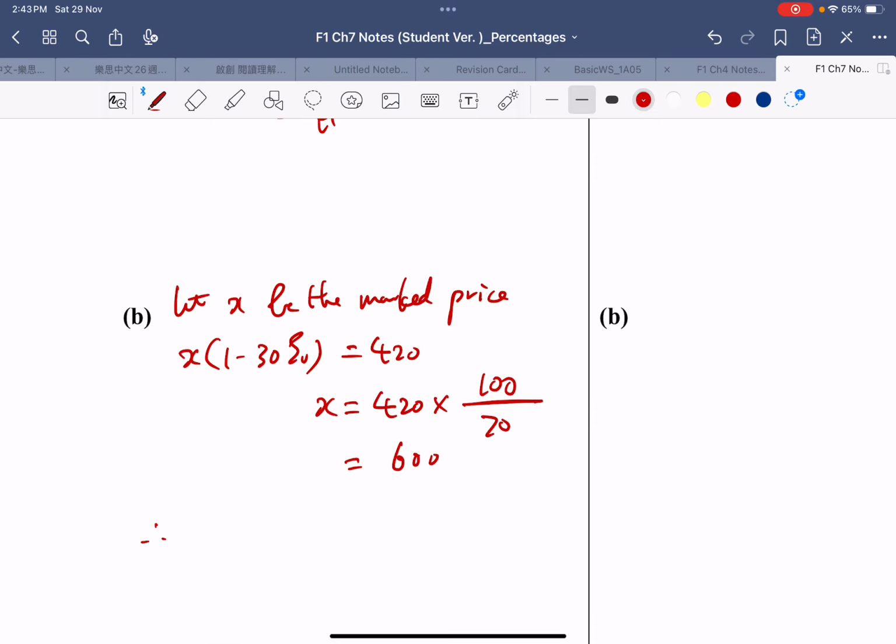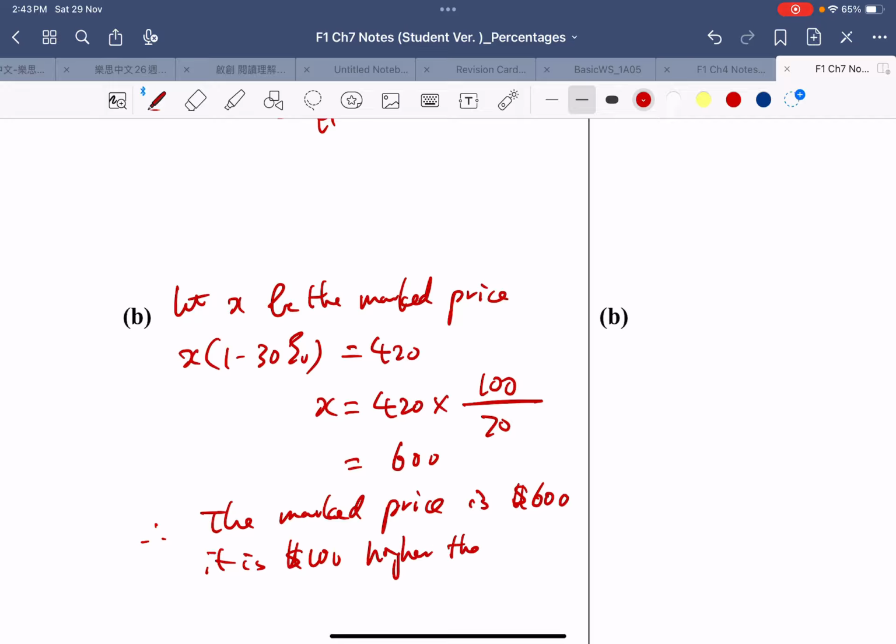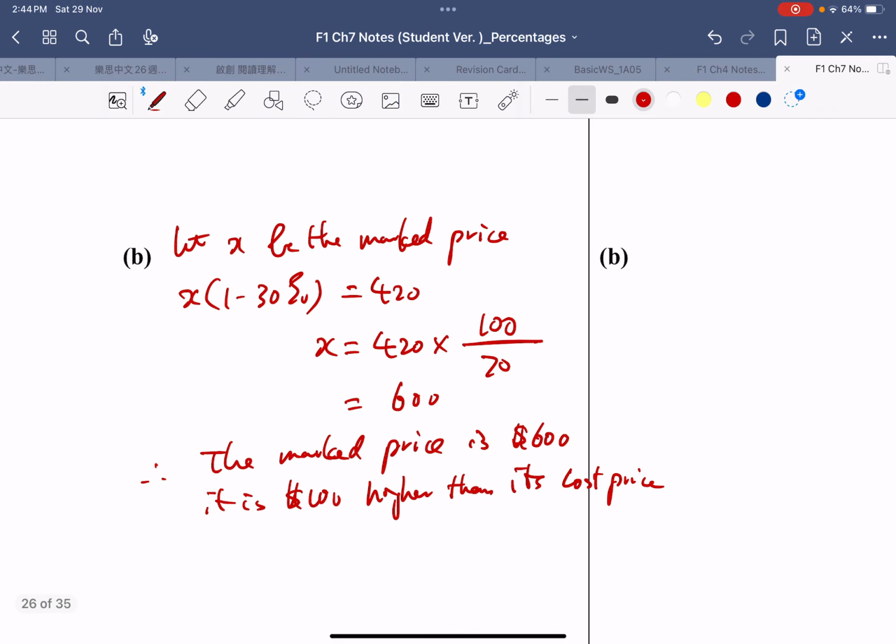And then since the market price is 600, and it is $100 higher than its cost price, you need to really write this down, okay?